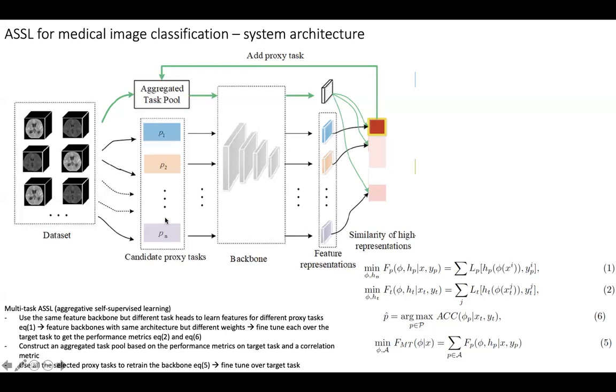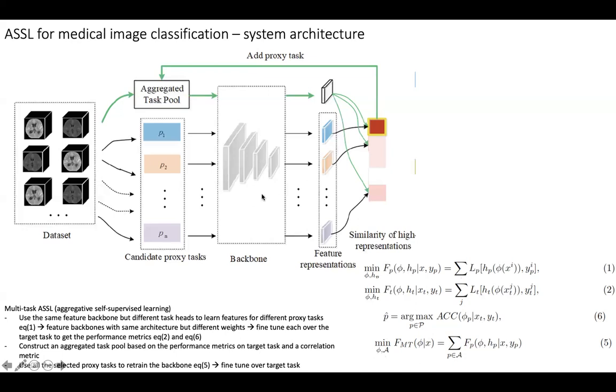Suppose we get this aggregated task pool, basically a subset of the proxy tasks. Then we will use this set of proxy tasks to train a new backbone. This new backbone has the same architecture as the previous backbones, but it has different initialization.